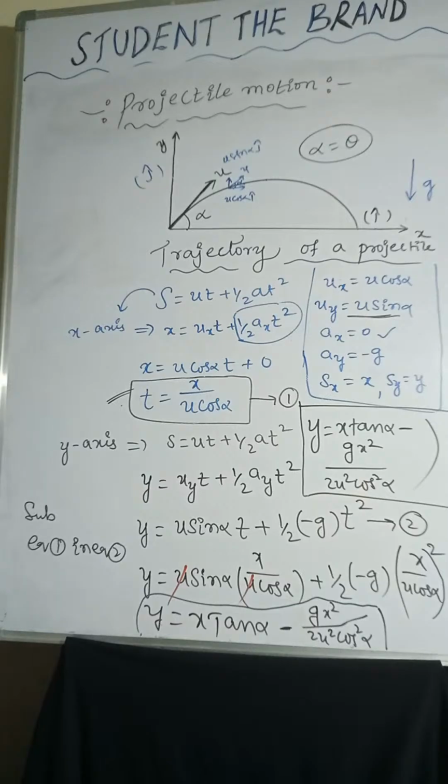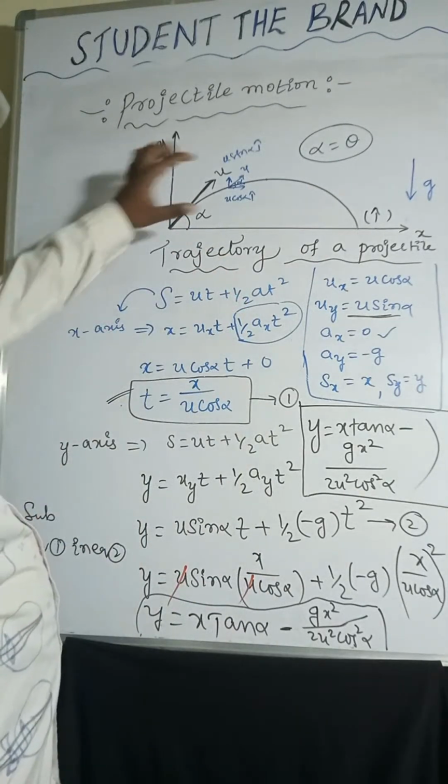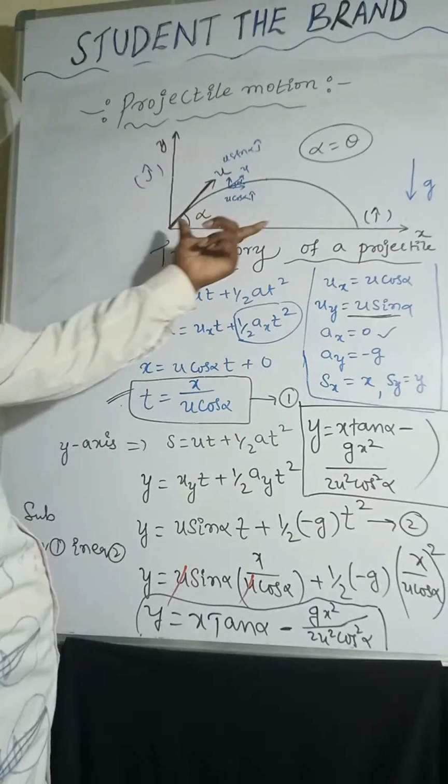Now next one: time of flight, maximum height, and range. Maximum height is where the projectile reaches its highest point.